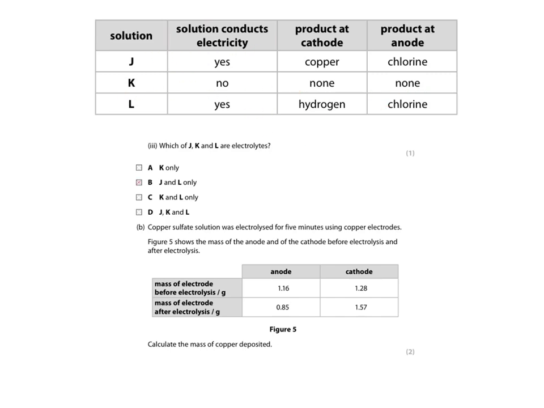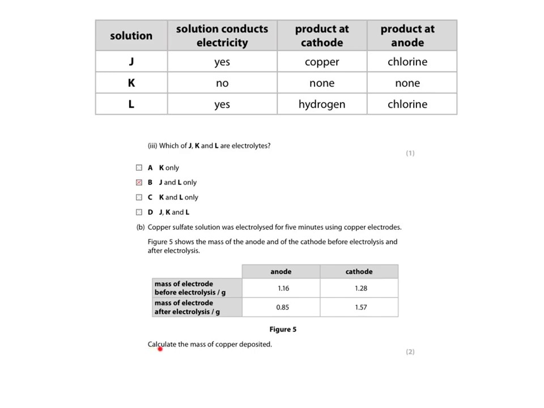Question B says the copper sulfate solution was electrolyzed for 5 minutes using copper electrodes. Figure 5 shows the mass of the anode and of the cathode before electrolysis and after electrolysis. So we can see that the mass of the anode has gone down. Before it was 1.16 and it's gone down to 0.85. And the mass of the cathode has increased.